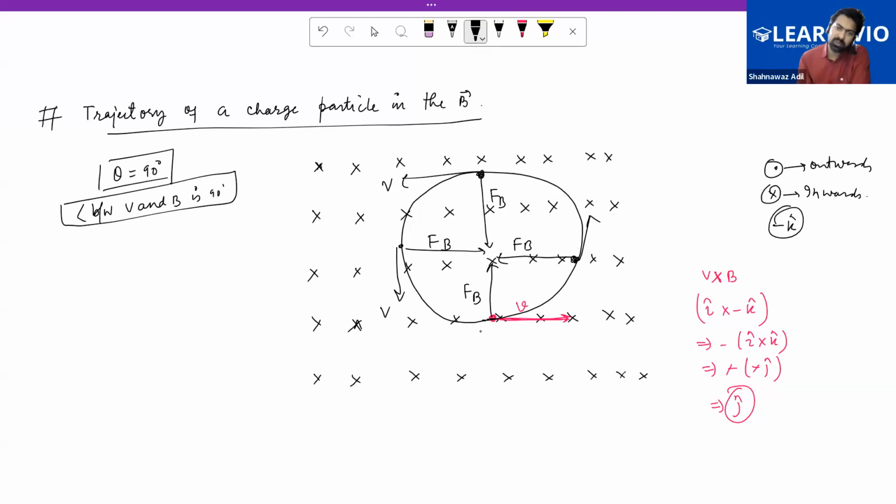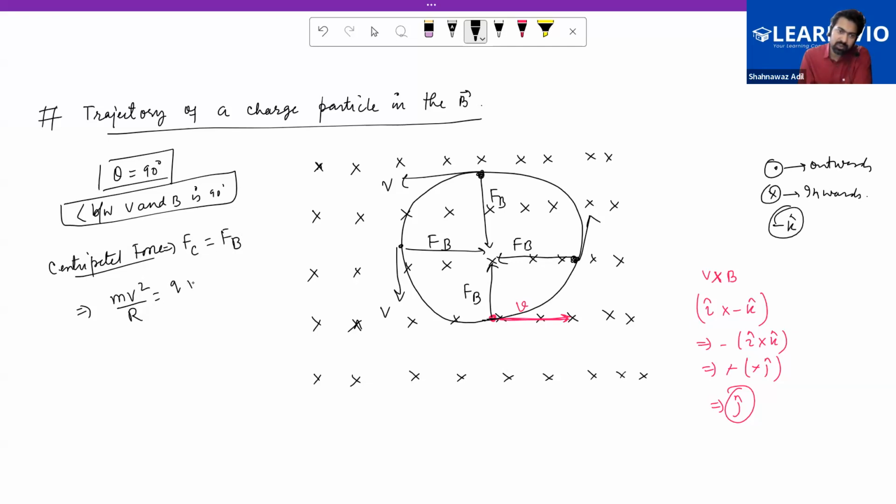And in a circular motion, there is a centripetal force. Centripetal force is always in the direction of the center. So the F centripetal is provided by this magnetic force, F_B. So how much is this? F_c is mv squared by r, if the radius is r. And then what is this F_B?